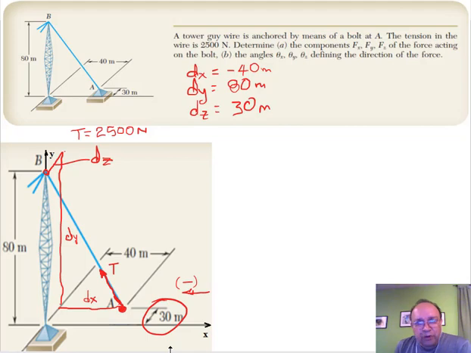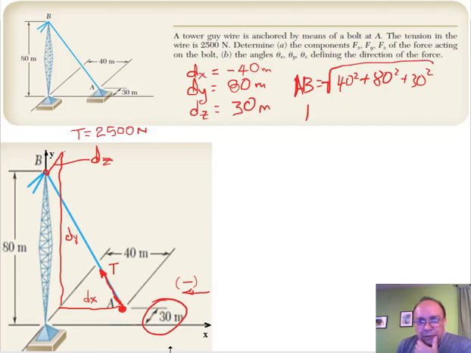So if we have the components of the line AB, and we find the total length of the line AB, we can find the cosines of that direction. So AB, the distance from A to B, will be equal to the square root of 40 squared plus 80 squared plus 30 squared.